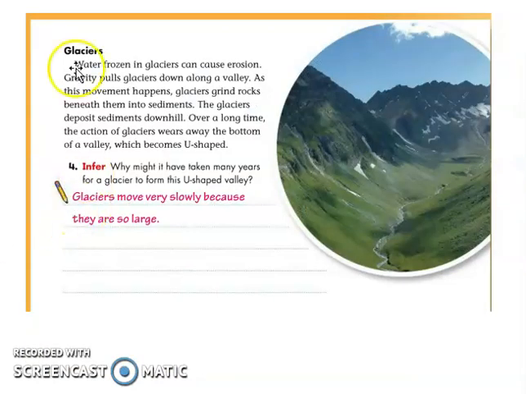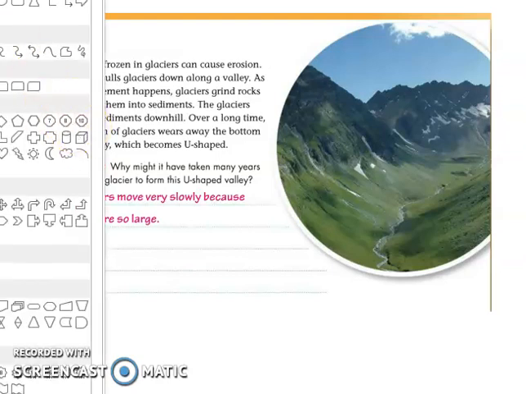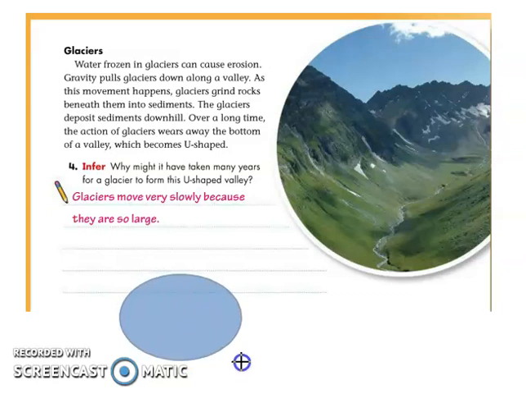Another one, glacier. Glacier is another example of moving water. Remember that rocks could break when the water inside of it freezes. Imagine a rock. I will show you here. Example, we have here a rock.